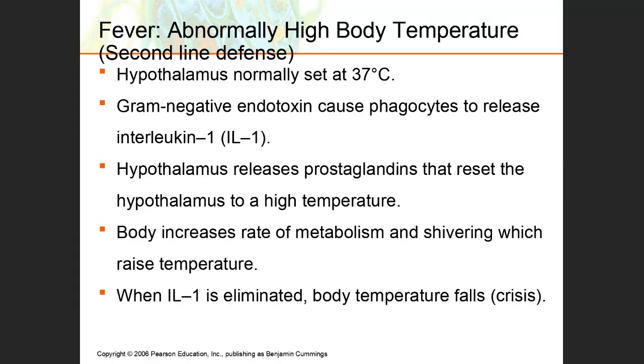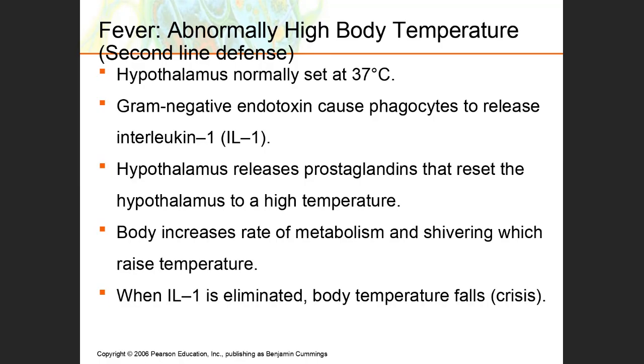Your hypothalamus in your brain helps to regulate your body temperature and keep it set at 37 degrees Celsius or 98.6 degrees Fahrenheit. And so sometimes pathogens like gram-negative bacteria, their endotoxin, could actually cause phagocytes to release interleukin-1. Interleukin-1 is another chemical mediator.